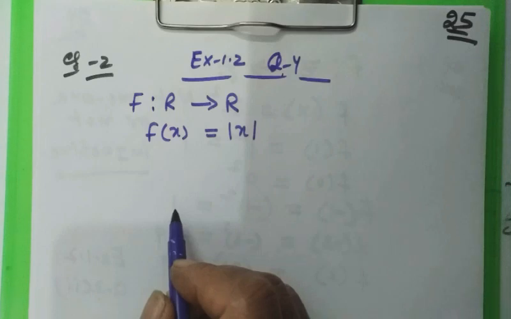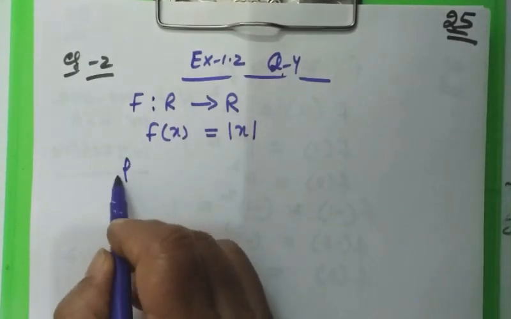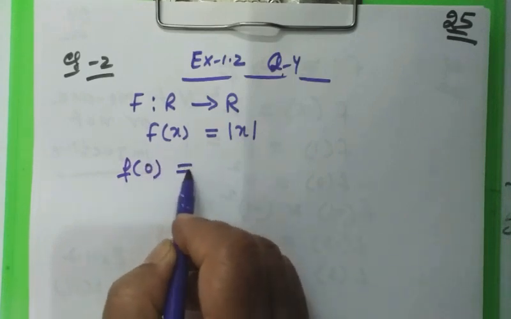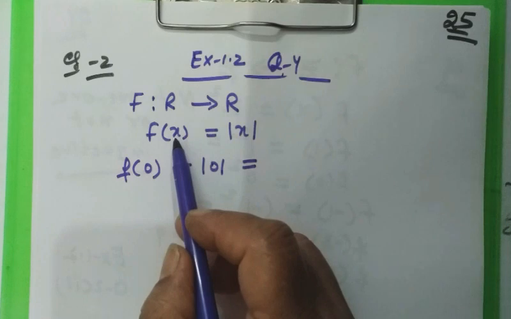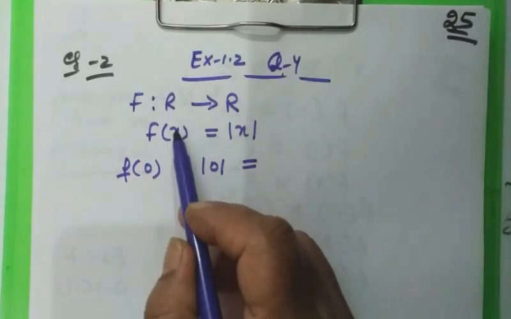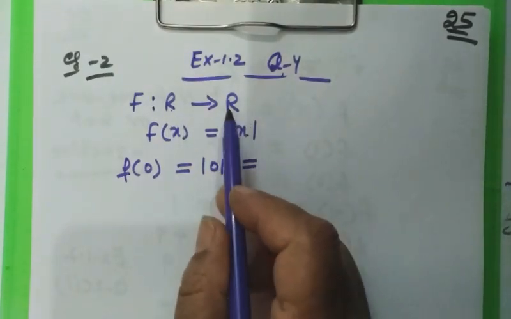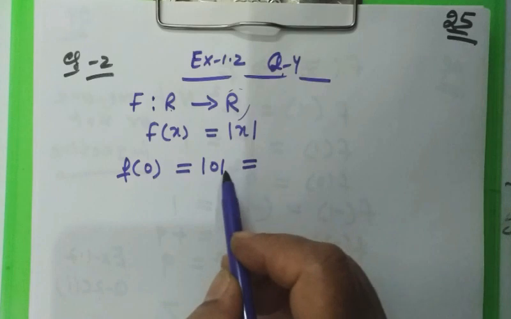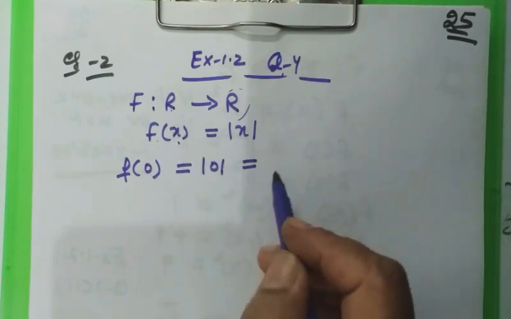So let us try to apply this function randomly on a few real numbers. Say if you apply the function on 0, you get mod of 0. Applying the function means on whichever number you apply the function, this x comes from the domain set, and whatever is the result, it is in the codomain set. So you have to take some real numbers and apply f on them.